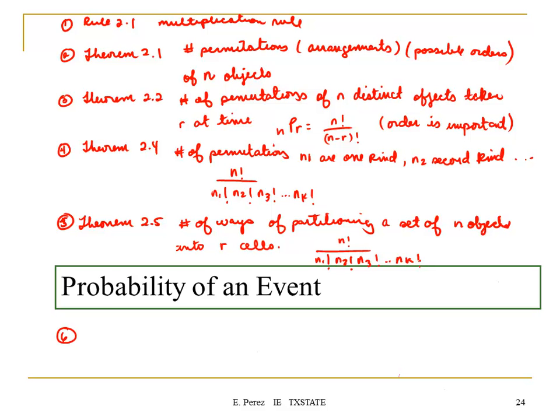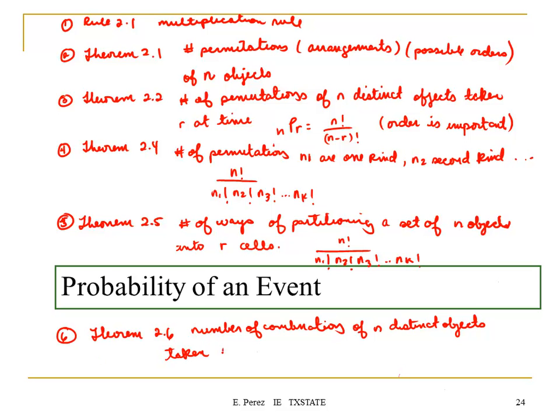And then we have theorem 2.6, which is the number of combinations of n distinct objects taken r at a time, and here the order is not important.